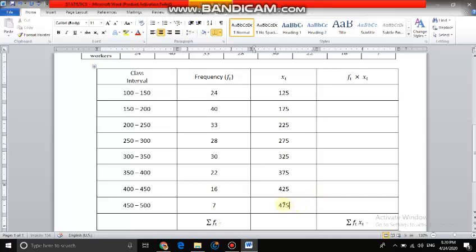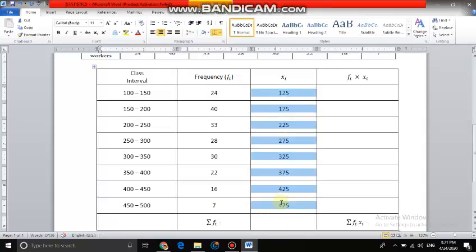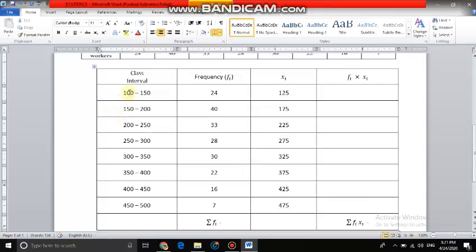This 475 I got by taking the average of these two numbers: 450 plus 500 is 950, 950 by 2 is 475. So Xi is the average of the upper limit and lower limit of that particular interval.